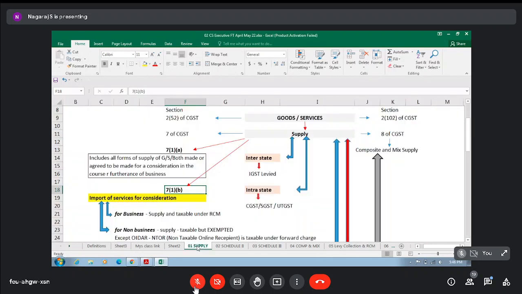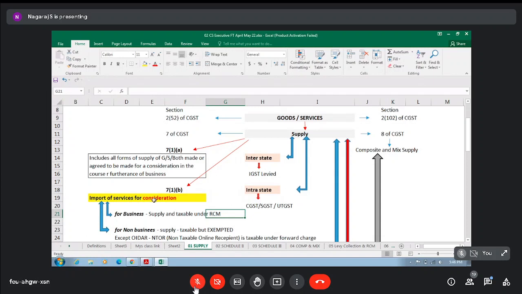Okay. See, now I'm coming to the logic of this. What is all included here? Import of services for consideration. Please mark this word consideration, because there is another thing, that is import without consideration.